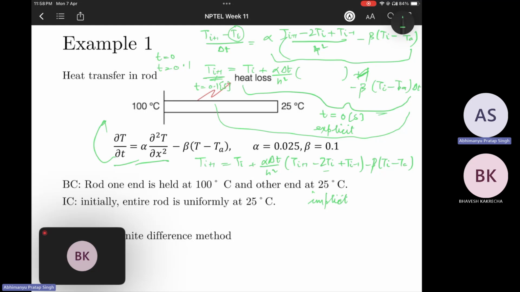Whereas for explicit, to calculate the values for the current time step, we are using the values of the previous time step. So it's a bit faster, but then there are issues with convergence and stability. Yeah, so I hope this is clear.